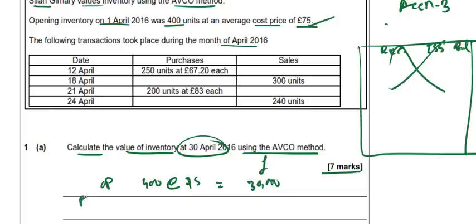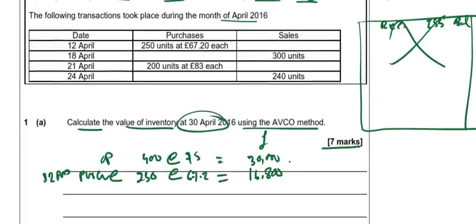Then purchase, you can put the date here, April: 250 items you bought at, it means multiplication, 67.2, and my calculator says it's 16,800.